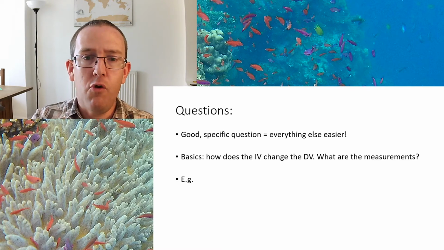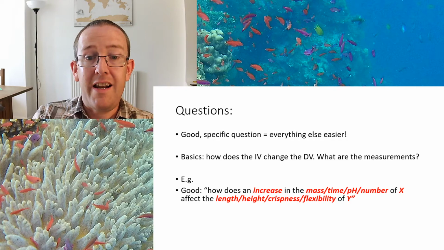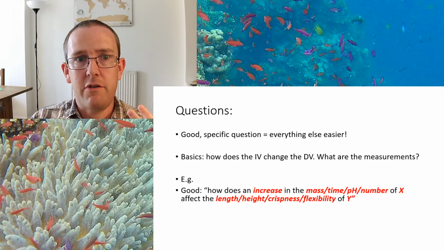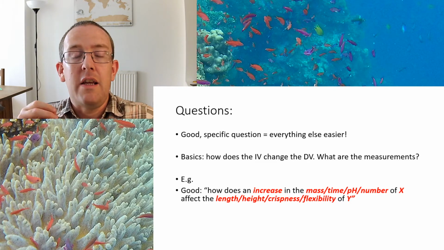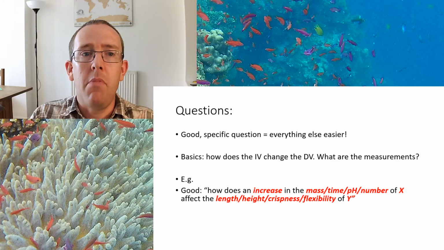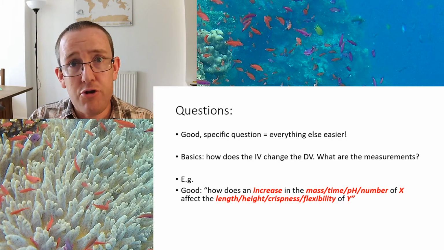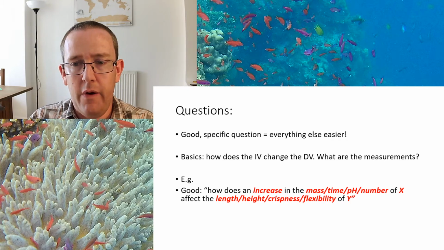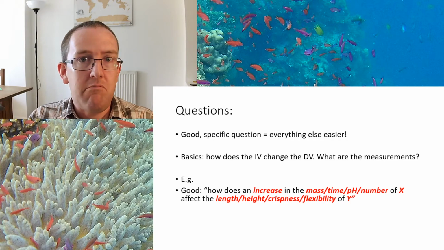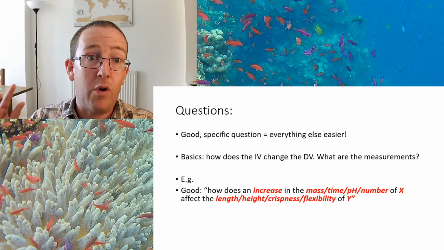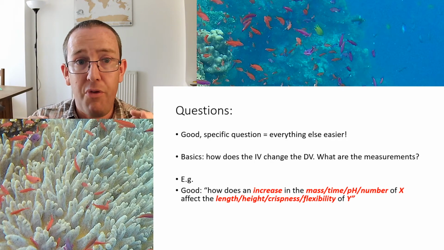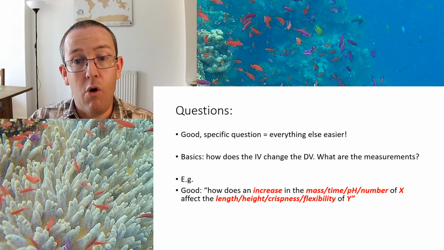So for example, how does an increase, that's a specific directional change, in the mass, time, pH, number of something, these are all measurable quantities of x, whatever it is your independent variable is, affect the length, height, crispiness, flexibility, whatever, another measurable thing for the dependent variable of y.